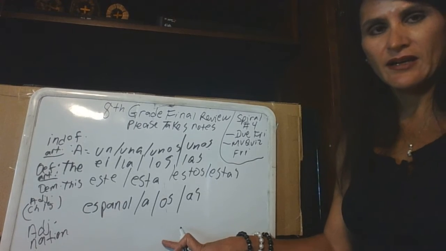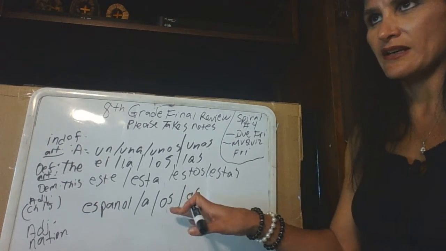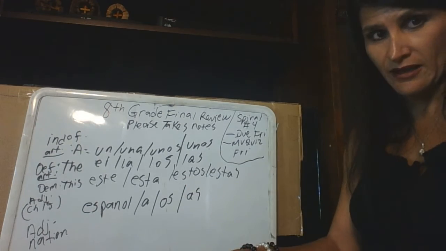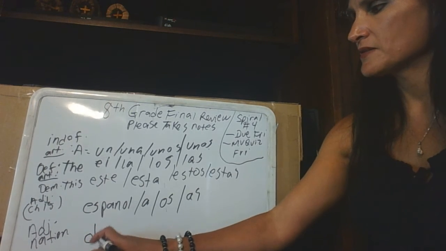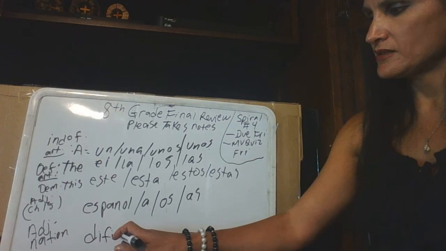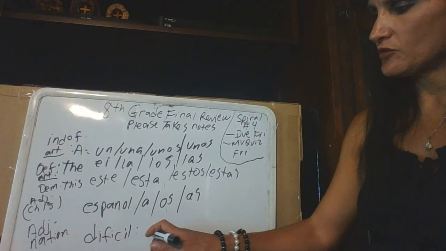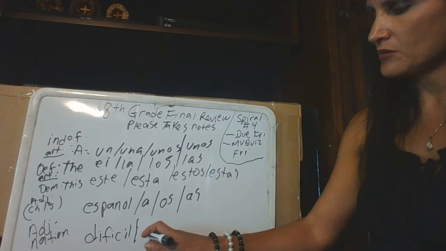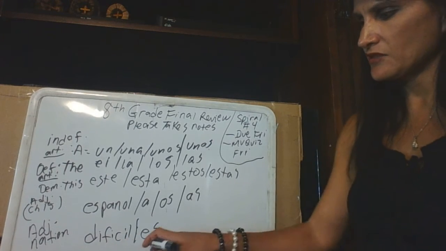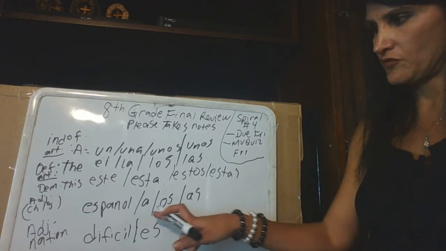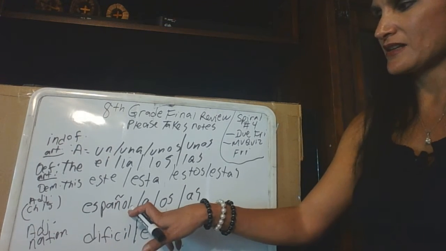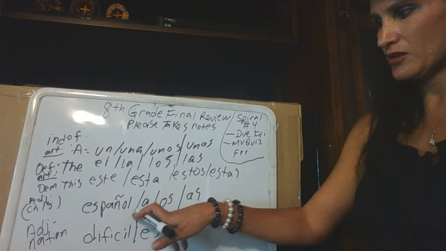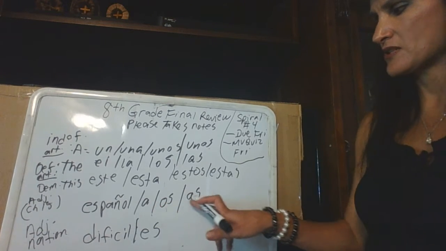If it doesn't end in an O and it's not a nationality, like the word difícil, which means difficult, you can only make it singular and plural: difícil, difíciles. But if it's a nationality, then it can be made feminine, so español, española, españoles, españolas.